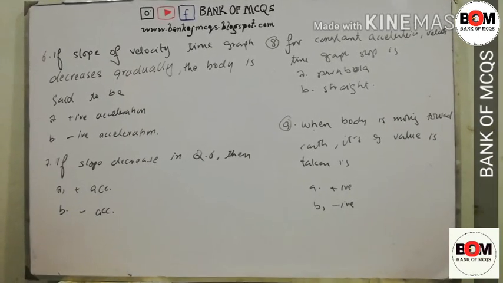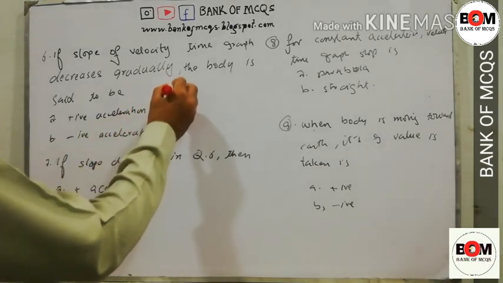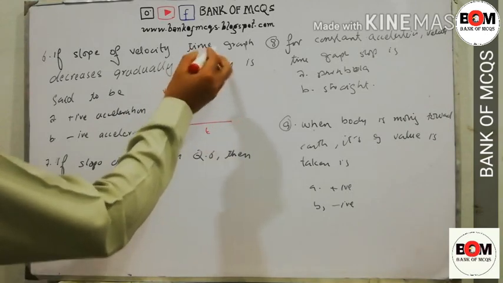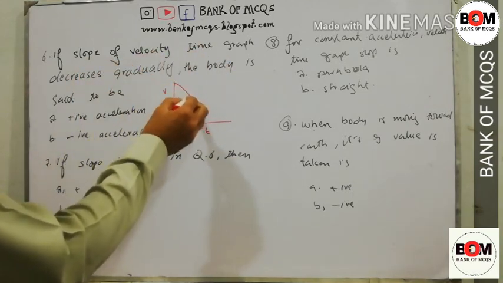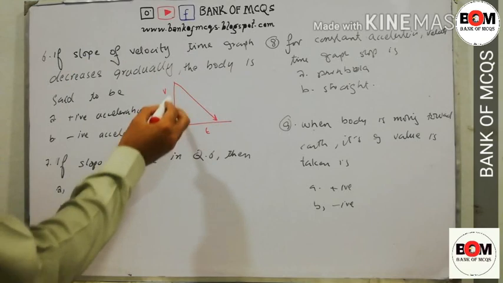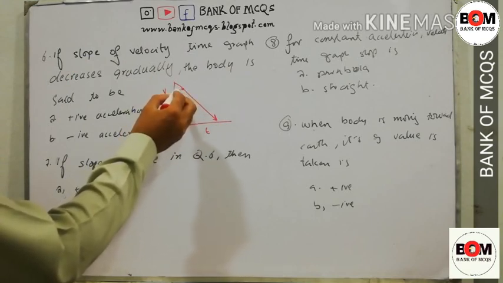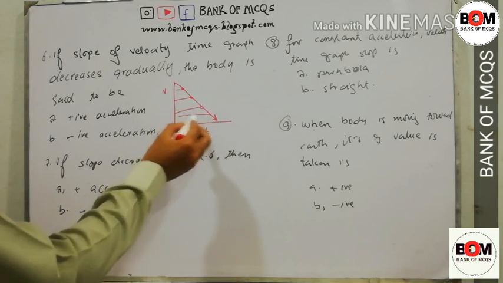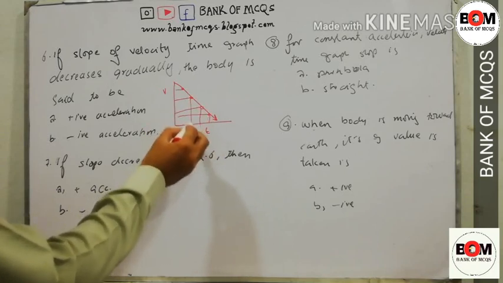MCQ number 6. If the slope of the velocity time graph decreases gradually, the body is said to have positive acceleration or negative acceleration. If this is the velocity time graph and the slope decreases, we can say that at every point the velocity is decreasing with the increase in time.